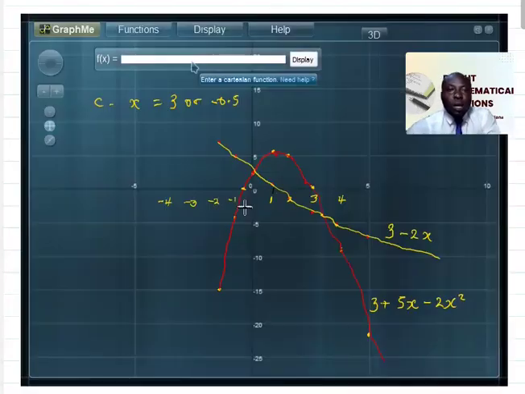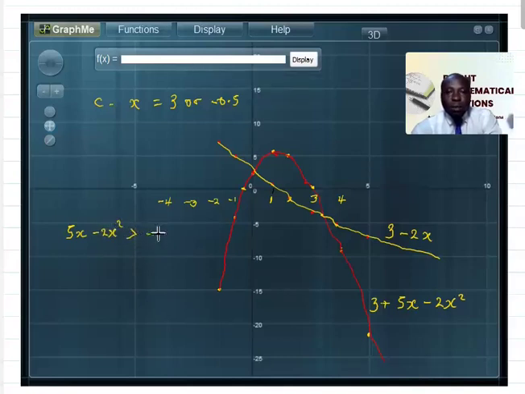Now, on our graph, they said we should find the range for where 5x minus 2x squared is greater than minus 2x.